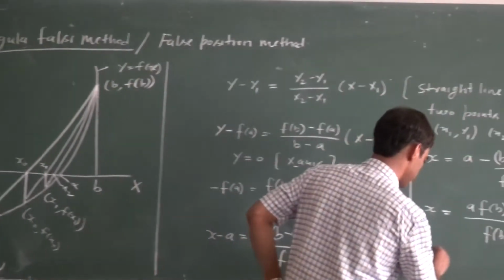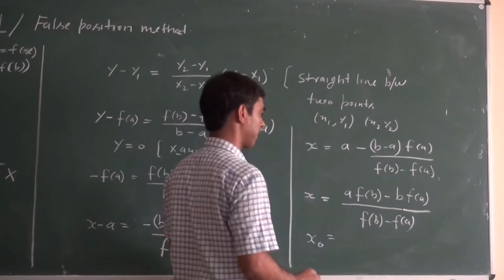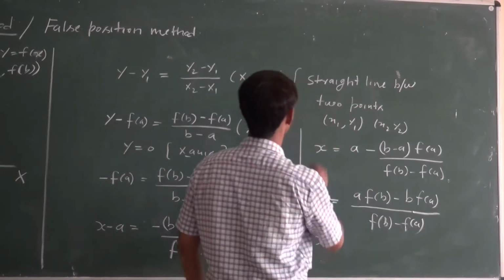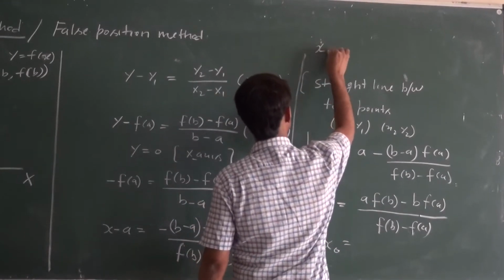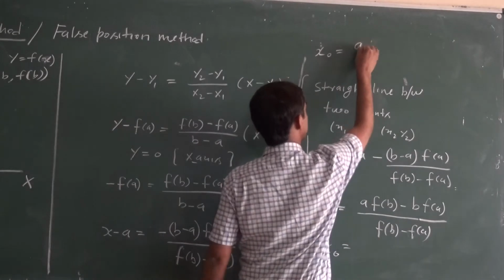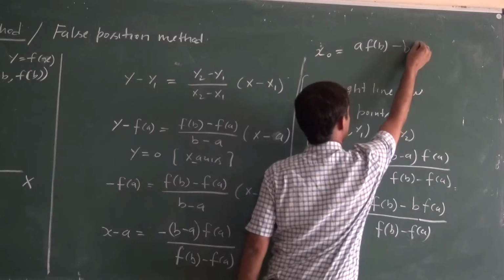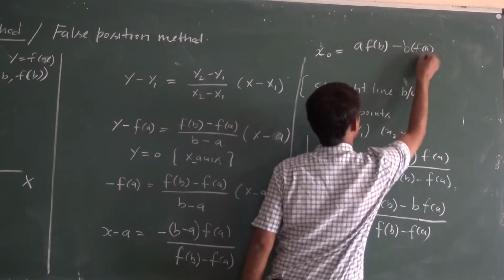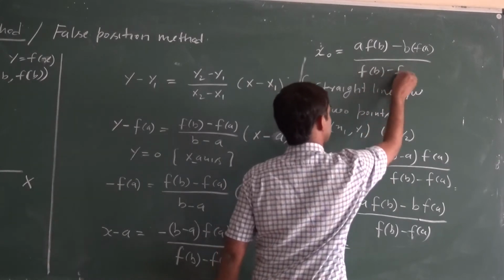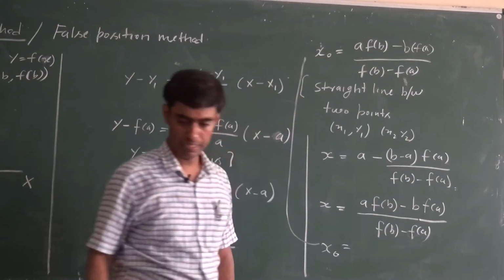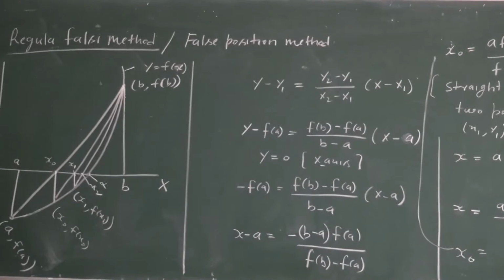So x0 equals (a f(b) minus b f(a)) divided by (f(b) minus f(a)). This is the iterative scheme for the Regula Falsi method.